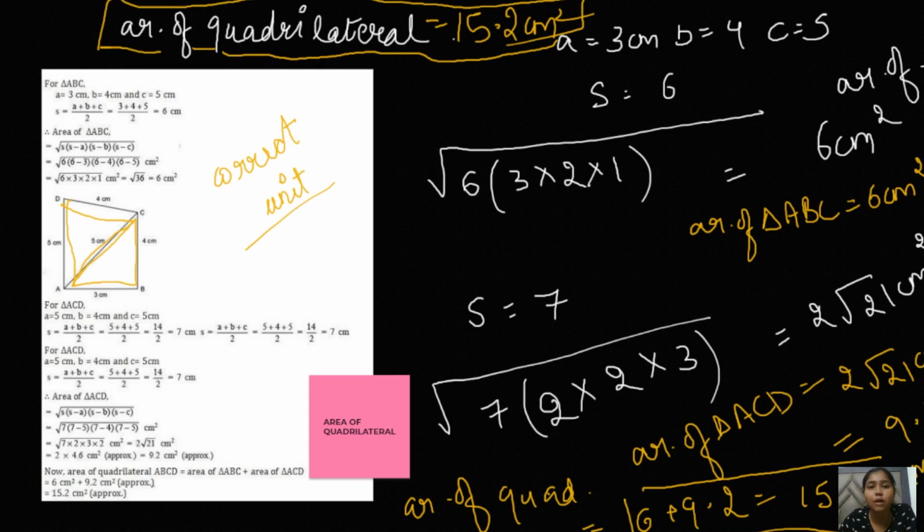You don't need to have the height or the base. We always know that the conventional formula for finding the area of any triangle is half into base into height. But it is not always the case that the height or altitude of the triangle is given.